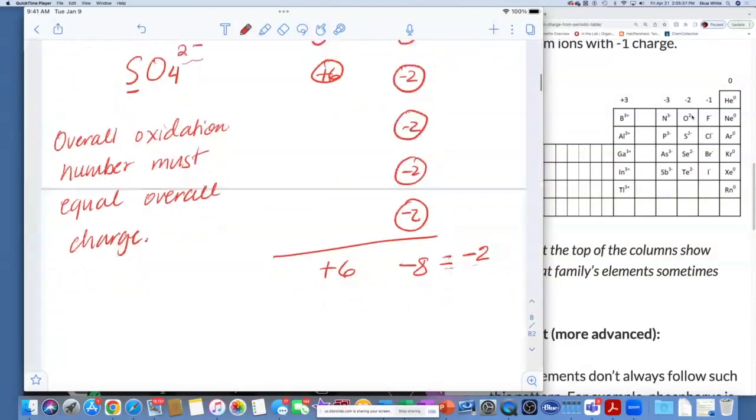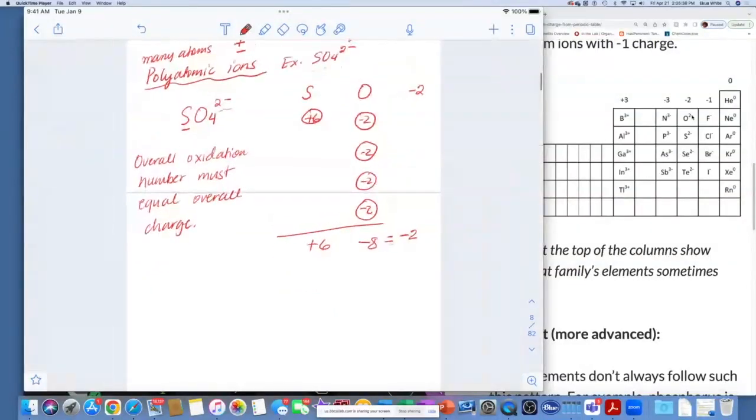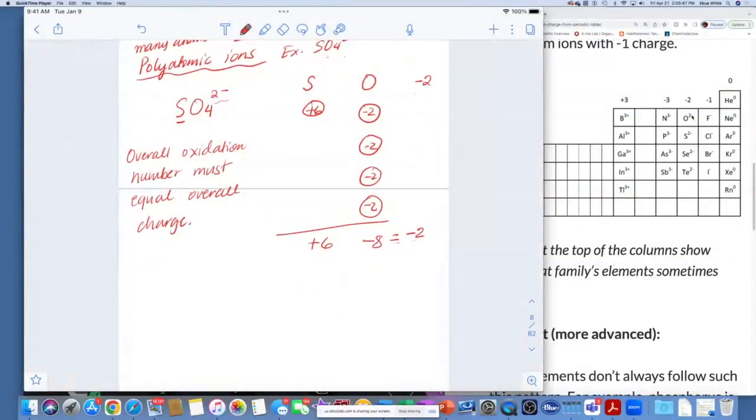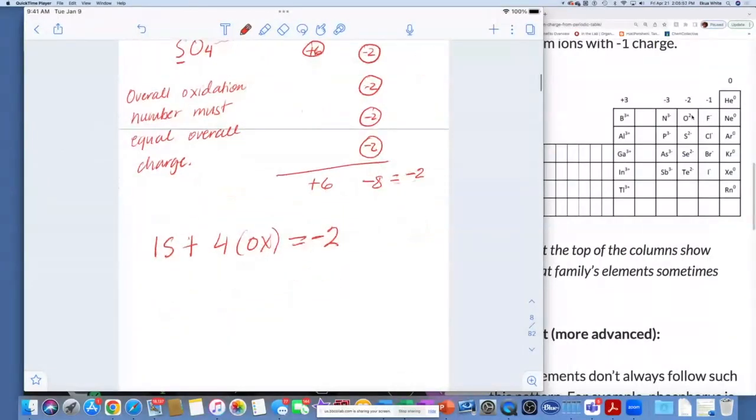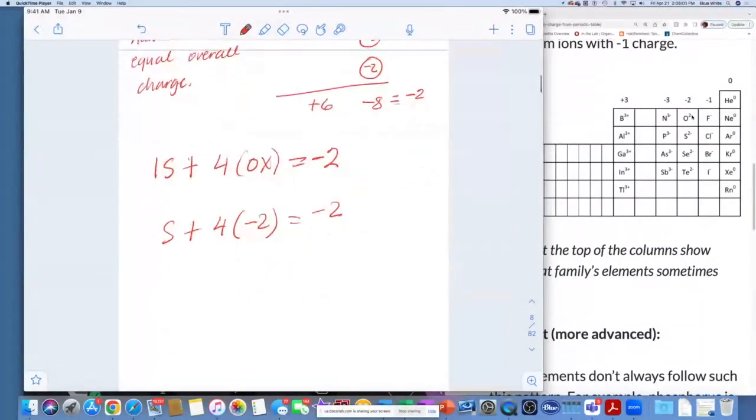Okay. The mathematical way you can approach this same problem is by saying it takes one sulfur plus four oxygens to equal a negative 2 oxidation number. The sulfur plus 4 oxygens. Each oxygen is what? Minus 2. Equal minus 2. You multiply this out and you get minus 8.